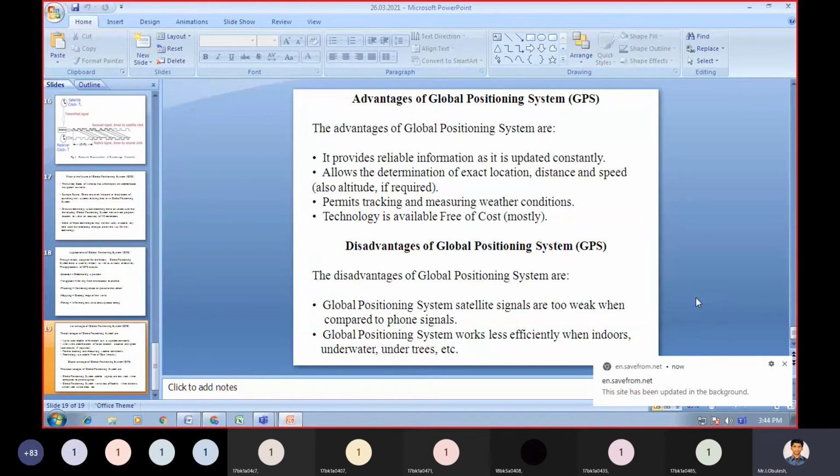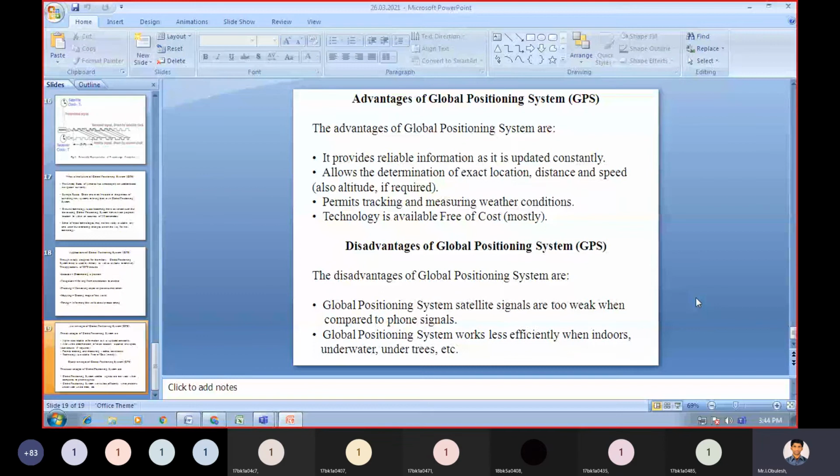Because of that reason, these two are major disadvantages of the global positioning system. So this is the basic introduction to the global positioning system.